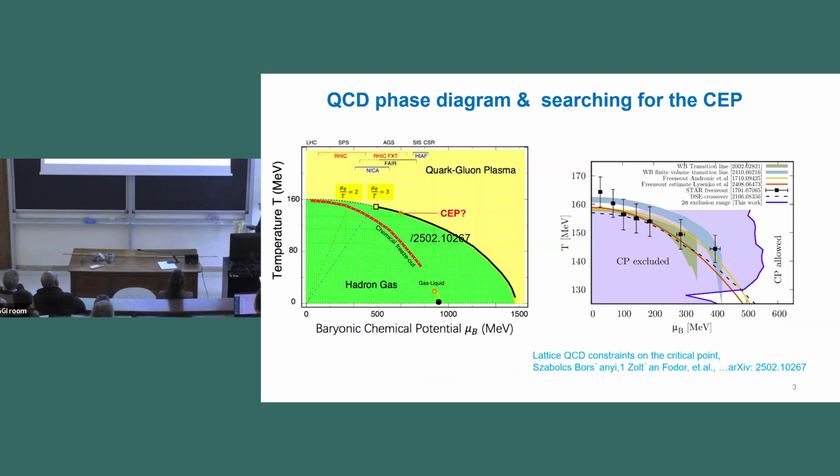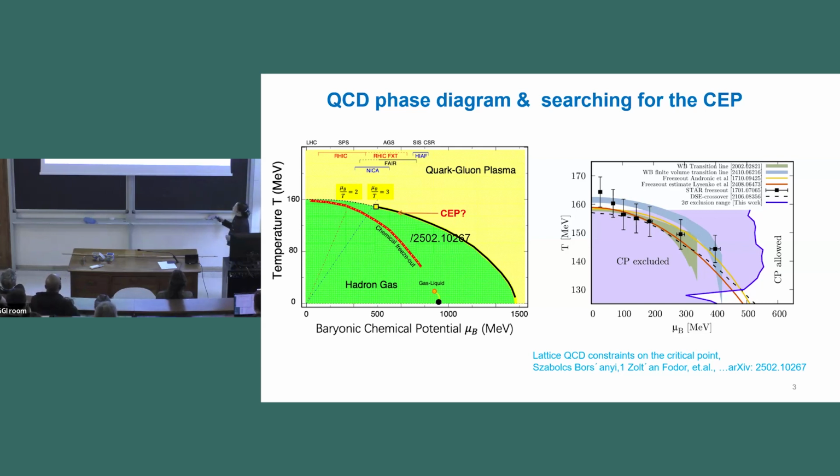Okay, there are also experimental searches for this critical endpoint. There are many programs, for example the beam energy scan at RHIC, and also the NICA program, and also FAIR, and also HIAF, which will be in Huizhou, China.